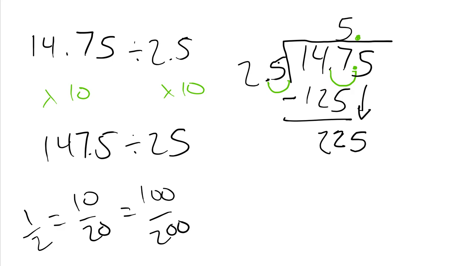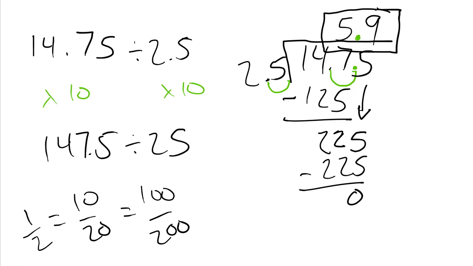And we're like, okay, how many times does 25 go into 225? Well, that's going to be 9 times. Right? So we get 9 times 25 is 225. And so our remainder is 0. And there's our quotient right there. So that is dividing decimals.